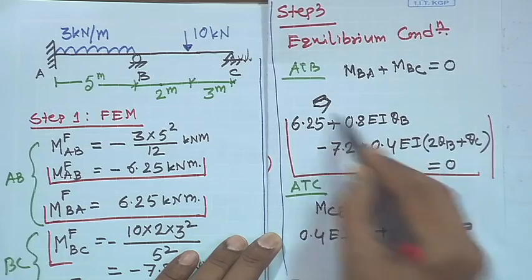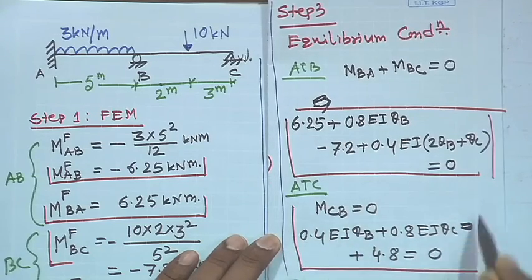So, this is one equation and this is another equation. How many unknowns do we have here?